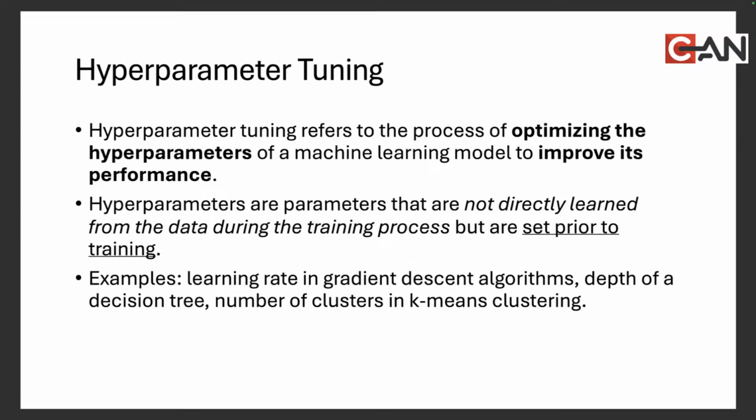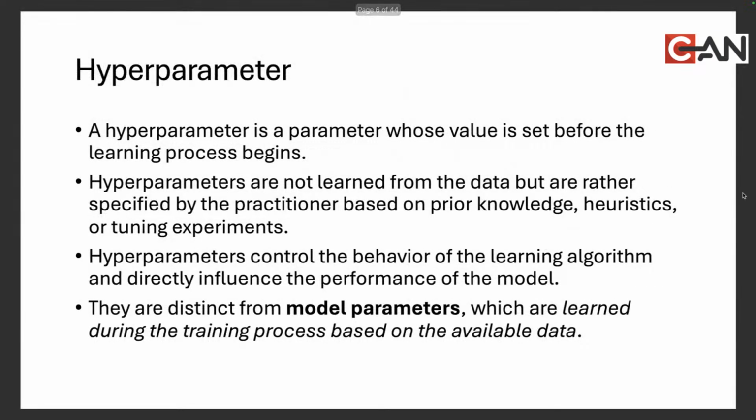And then you evaluate the performance of the model after setting that value. So a hyperparameter is a parameter whose value is set before the learning process, and they're not learned from the data.